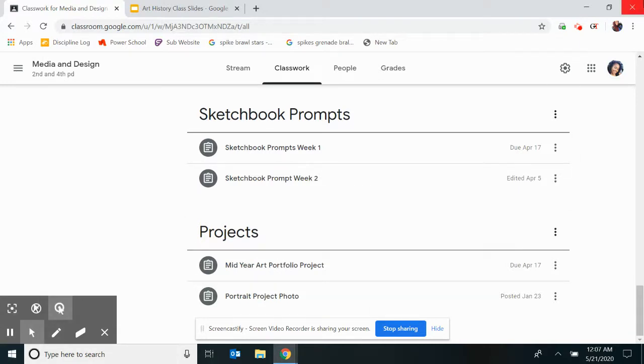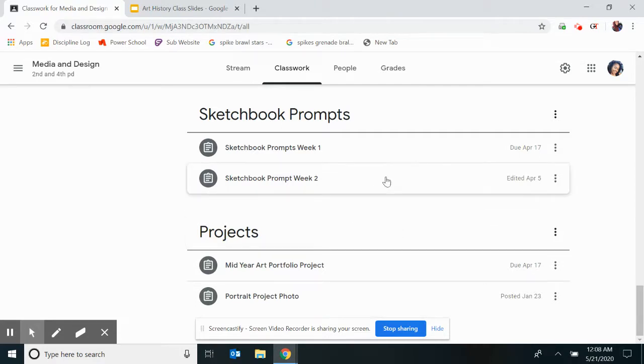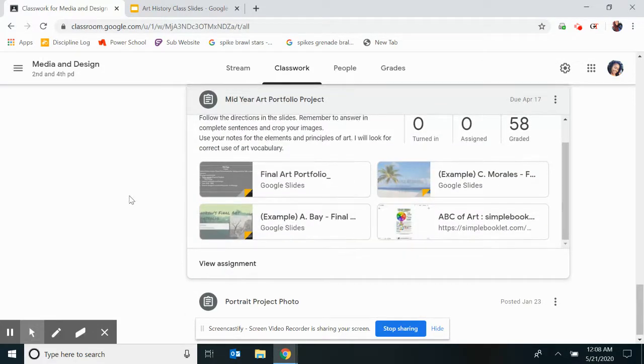So those are all down, and it goes back to early April when we officially restarted, April 6th, but I did send it home on March 13th, and I just re-tied it to that April 6th date. That way we didn't deal with any new stuff, and you had plenty of time, a month really, to work on it. Okay, so that's that mid-year portfolio stuff.